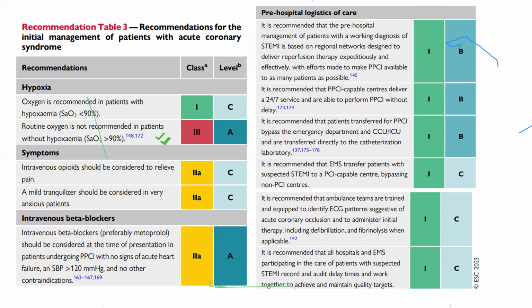Now, opioids should be considered to relieve pain, or a mild tranquilizer should be considered in patients who are anxious, both 2A. Intravenous beta blockers should be considered at the time of presentation in patients undergoing primary PCI with no signs of acute heart failure and systolic blood pressure greater than 120 and no other contraindication, which is 2A.